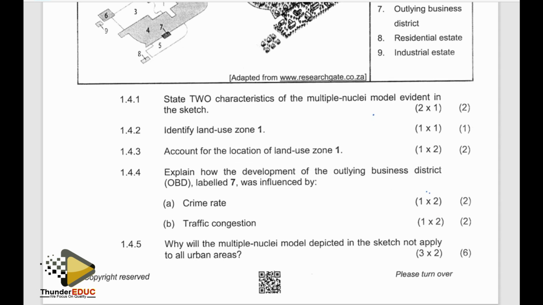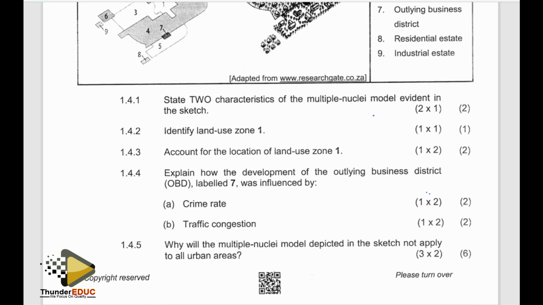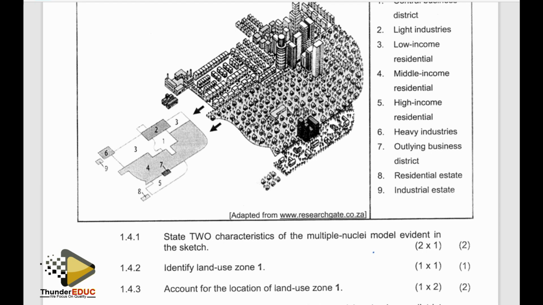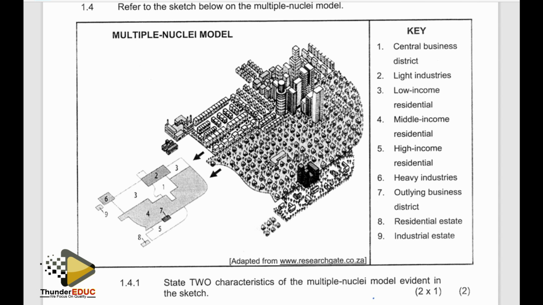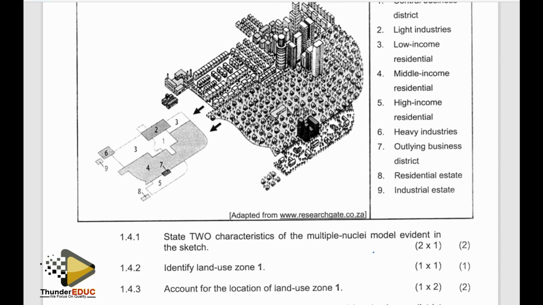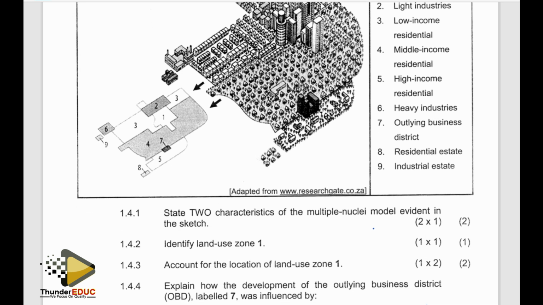And also, if we check the level of development, this model can be applied to the Western world. It cannot be applied to cities in the developing world or the third world because of the differences in the level of development. It does not apply to cities in low-income countries. This model is not compatible with that.